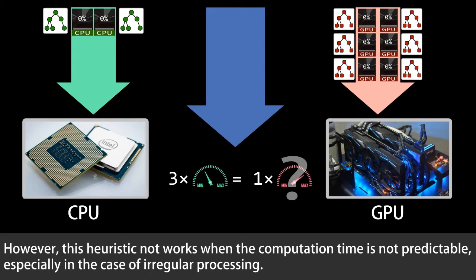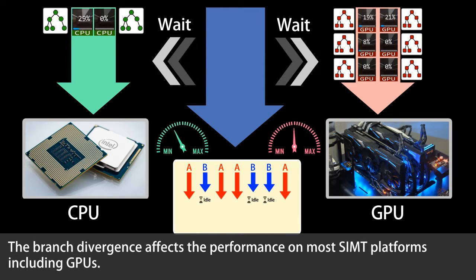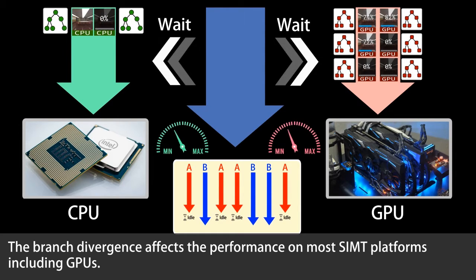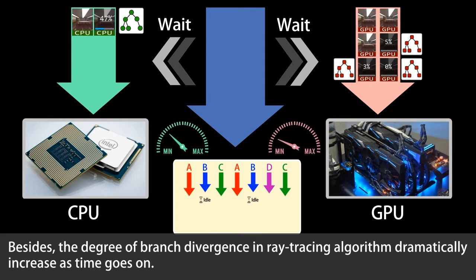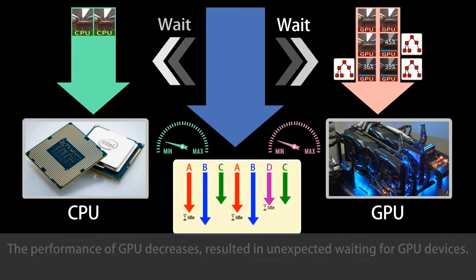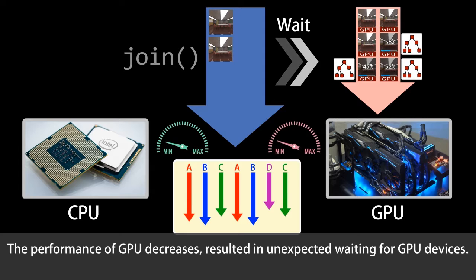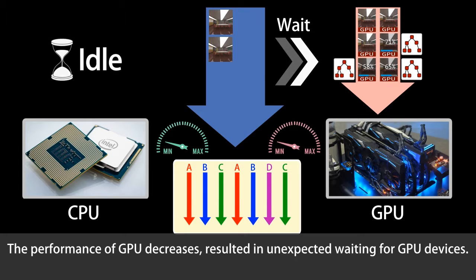However, this heuristic does not work when the computation time is not predictable, especially in the case of irregular processing. The branch divergence affects the performance on most multithreaded platforms including GPUs. Besides, the degree of branch divergence in the ray tracing algorithm dramatically increases as time goes on. The performance of the GPU decreases, resulting in unexpected waiting for GPU devices.